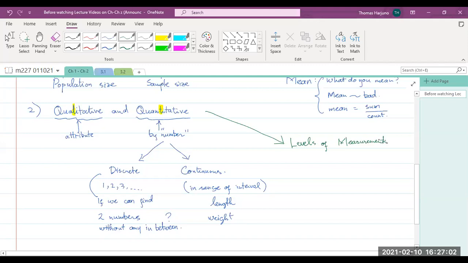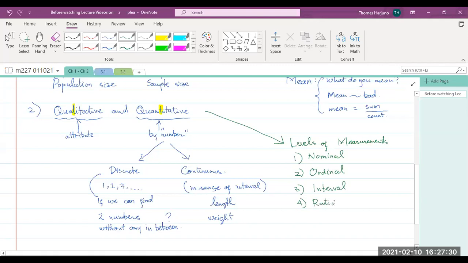In a statistics course, especially at this level, we follow 4 levels of measurement, starting from nominal, which is the lowest level. The second one is ordinal. The third one is interval. And the fourth one is ratio.